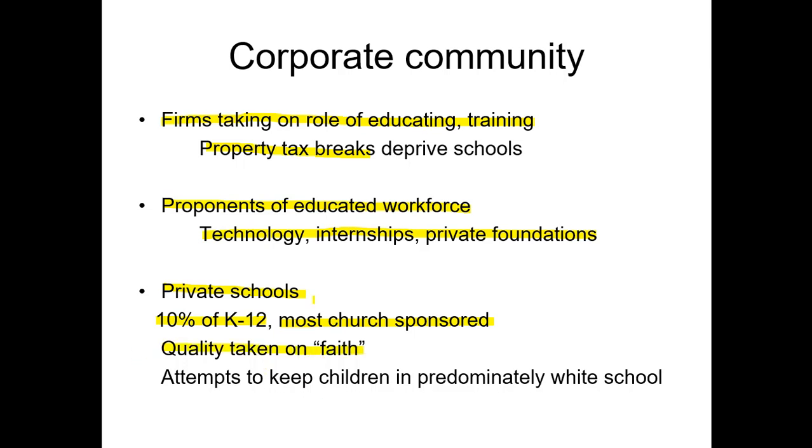And what we also see is that private schools, as with churches, are pretty much the last bastion of segregation, particularly when you look at churches. And if people want to take their kids to a religious doctrine-oriented school, then that's also going to maintain segregation, where kids are taken to predominantly white schools.